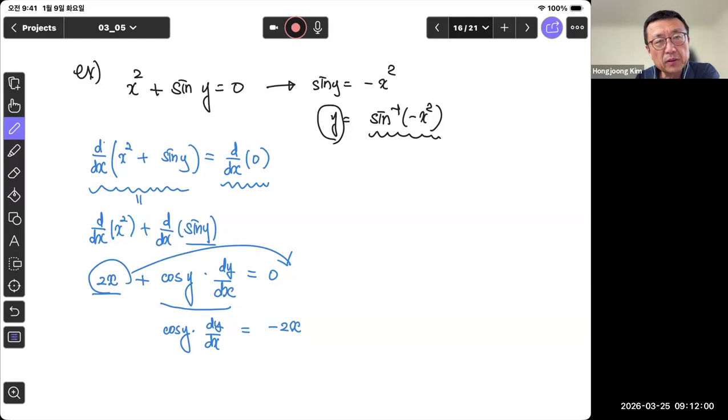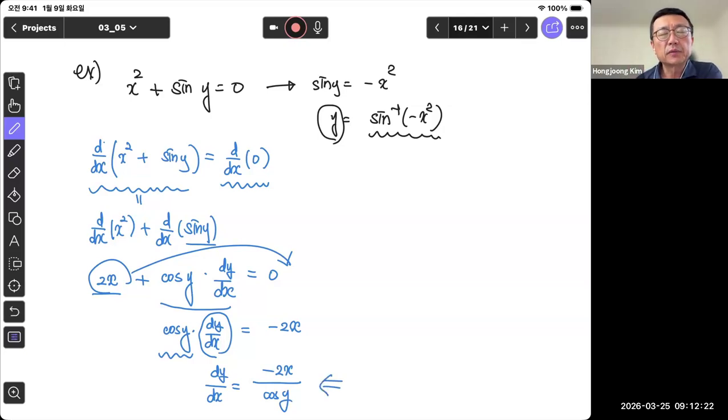If I divide by cosine y, you get dy dx. So in other words, dy dx will be negative 2x over cosine y. So this is the final answer, the derivative of y with respect to x.